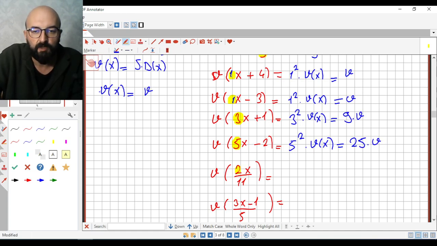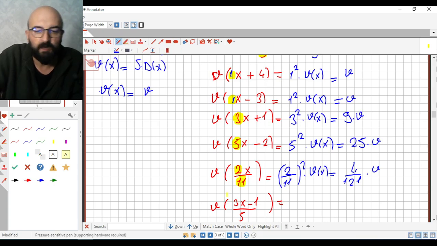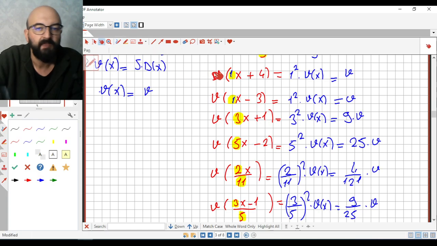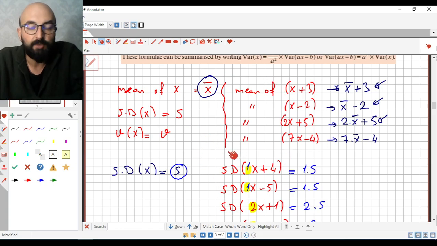The variance of 2x over 11 is (2 over 11) squared times the variance of x, so 4 over 121 v. The variance of (3x minus 1) over 5 means (3 over 5) squared times the variance of x, which is 9 over 25 v.